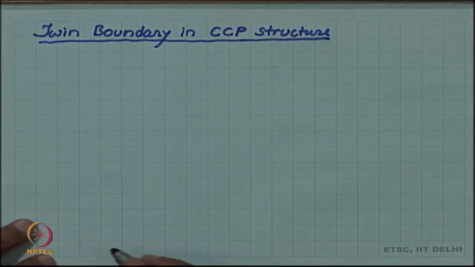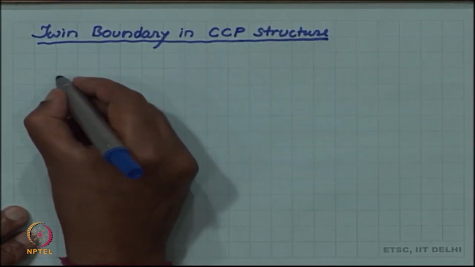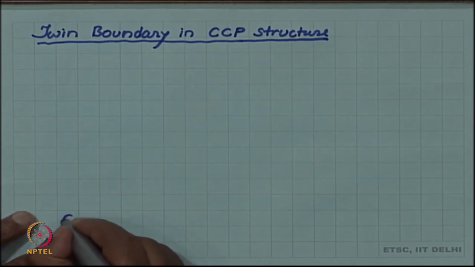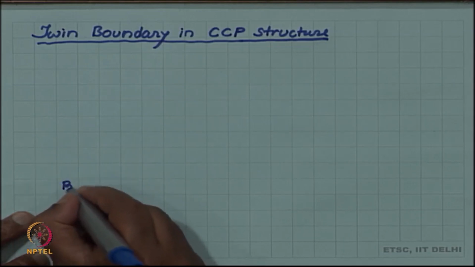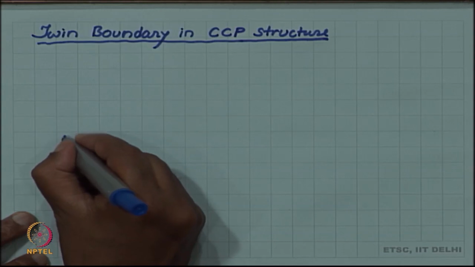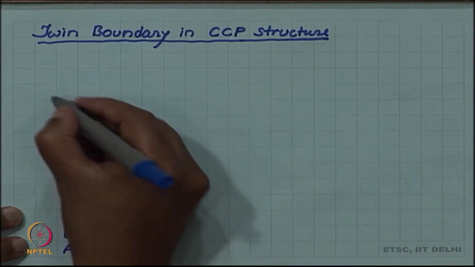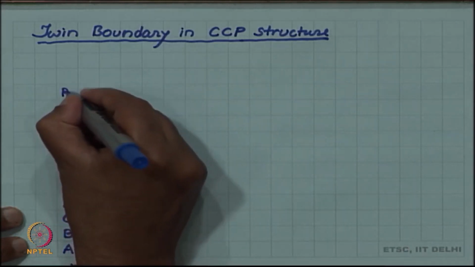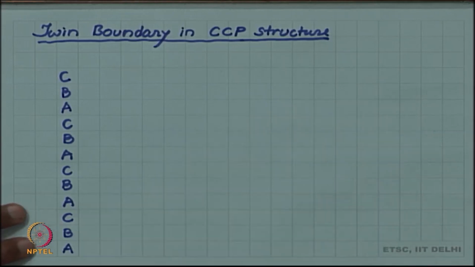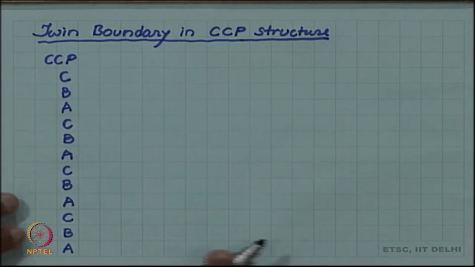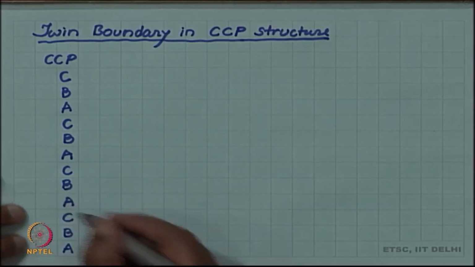We have seen that if we have a sequence like ABC, ABC, ABC and so on, then this represents a cubic close packed structure. This represents a CCP structure. Now, let me make another structure in parallel. So, this is a perfect CCP.